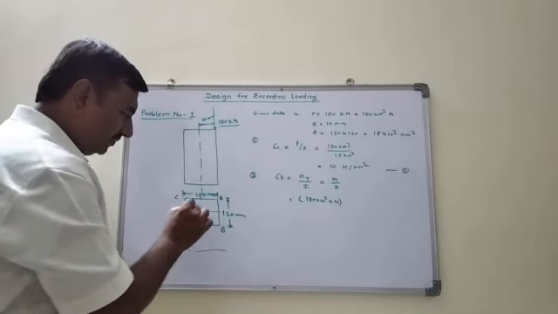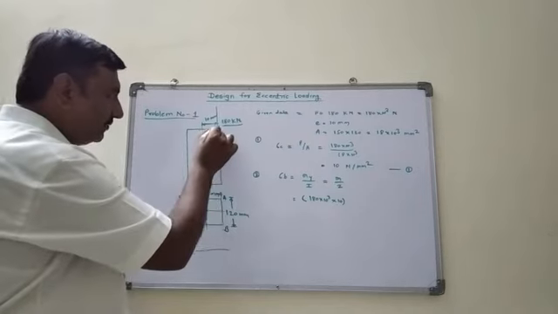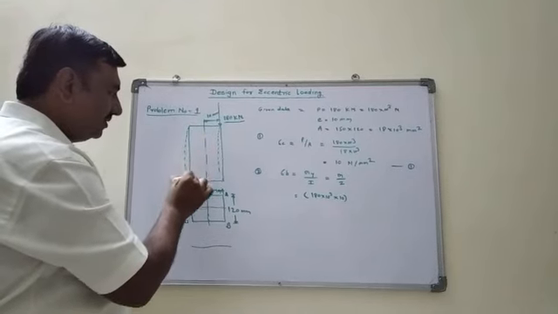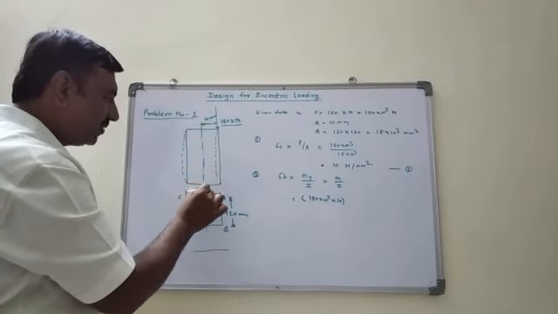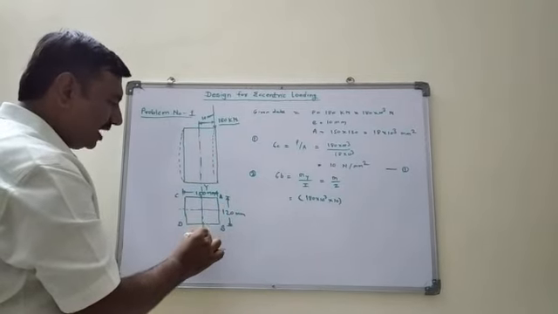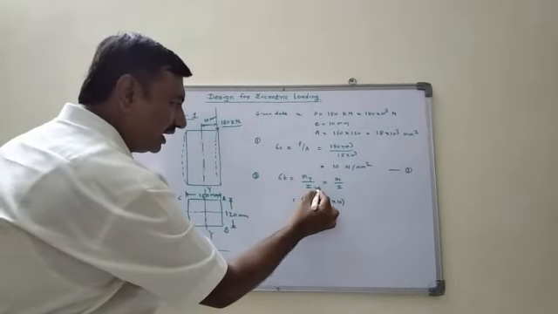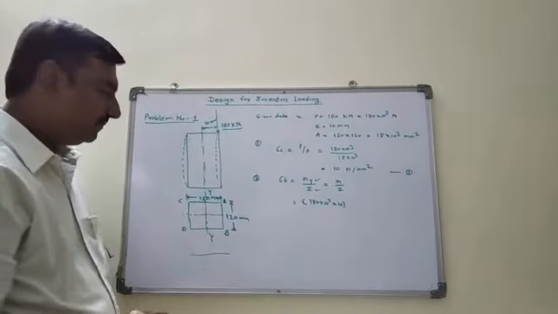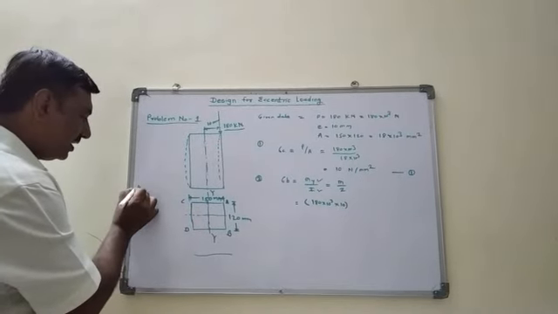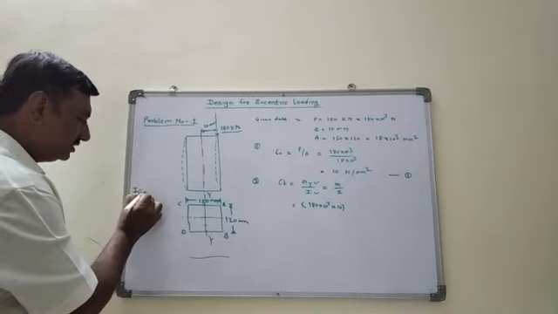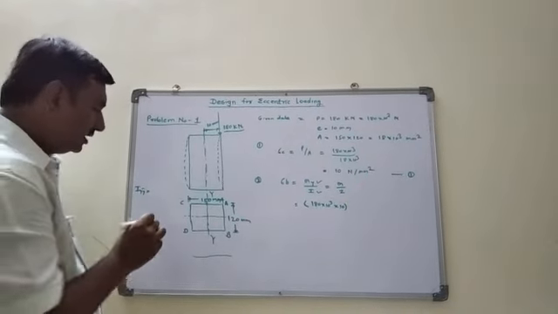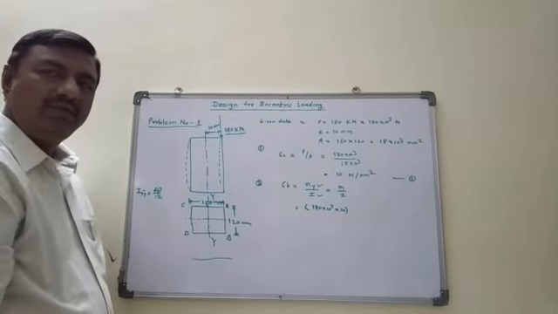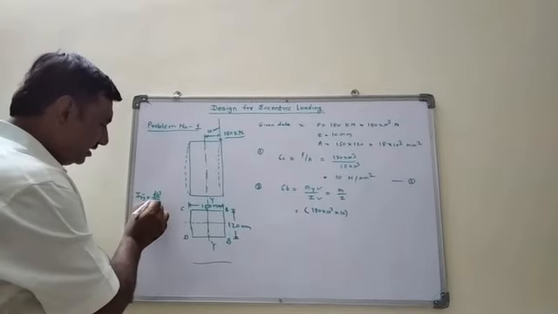Here remember about the y axis: whatever bending of the beam takes place is about the y axis. About the y axis we have to calculate this I, and about the y axis we have to get the value of y. We know I about the y axis, Iyy, is equal to d b cube by 12.